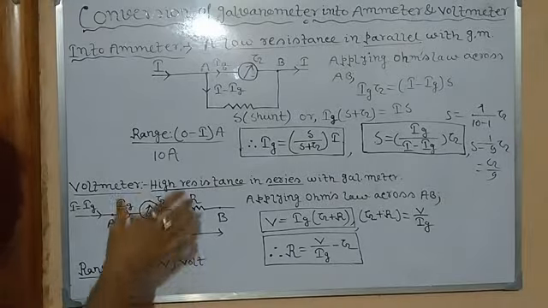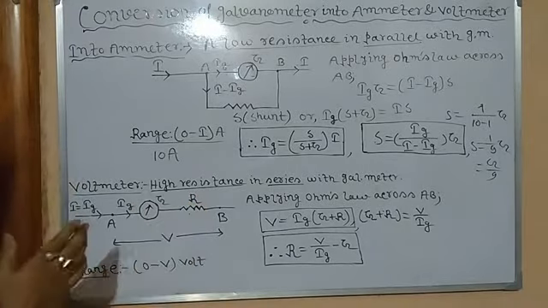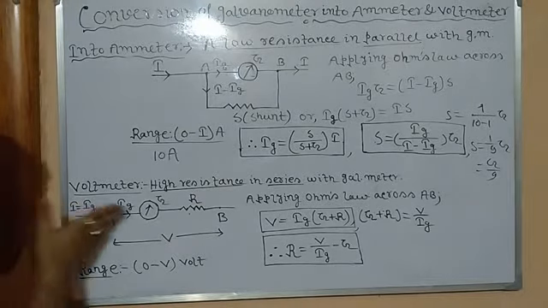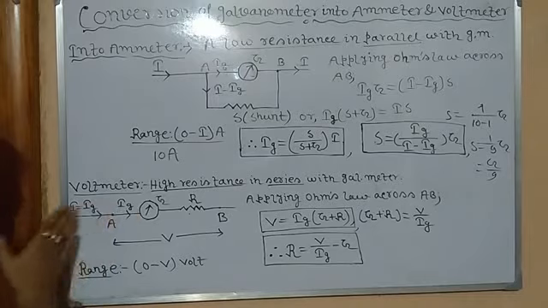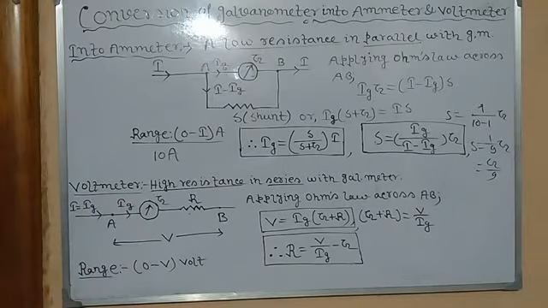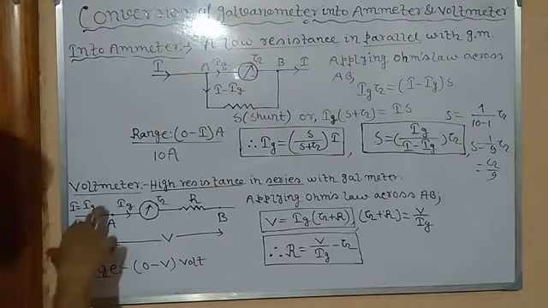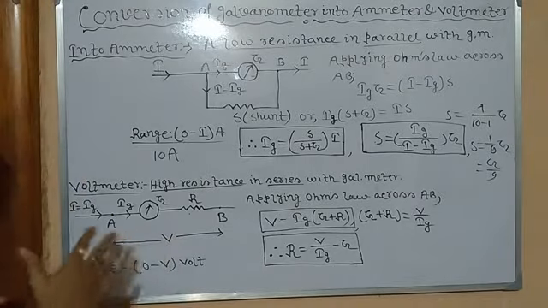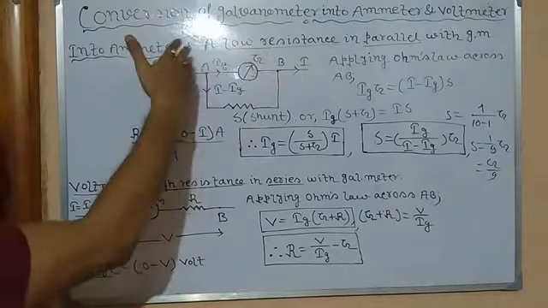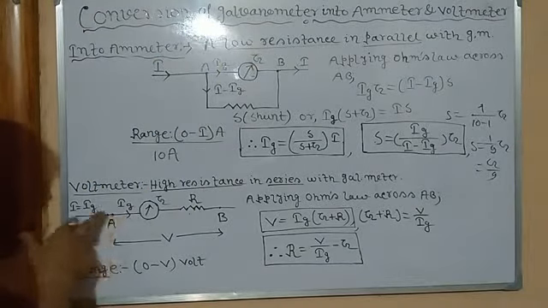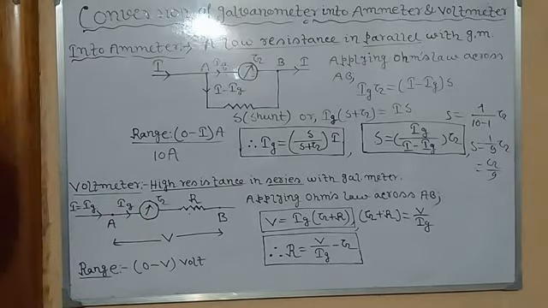Clear? And since there is no bypass here, whatever small amount of current there is will just pass through the galvanometer. Suppose I is the main current; since it is not a shunt, there is no alternative path. So whatever the main current is, it will just pass through the galvanometer. So that's why it is connected in series.